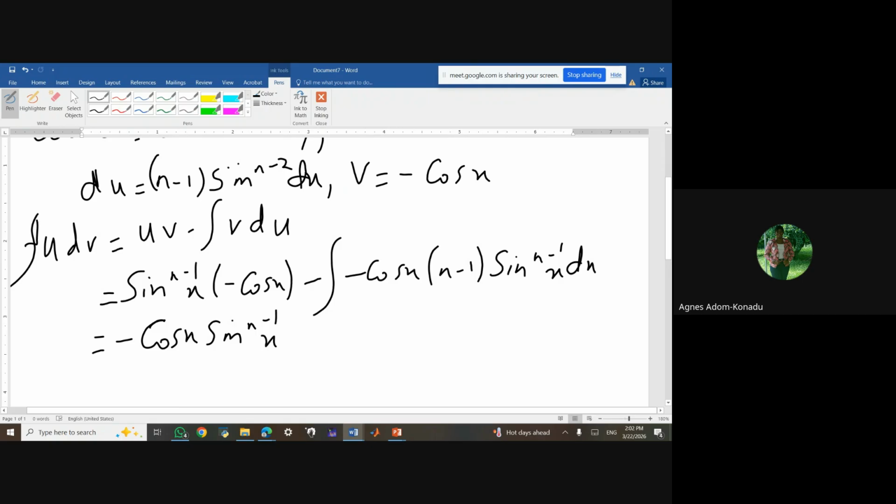Then I have minus minus, so this will be plus. This n minus 1 is a constant, so I can bring it out, n minus 1 integral of cos x sine n minus 1 x dx.